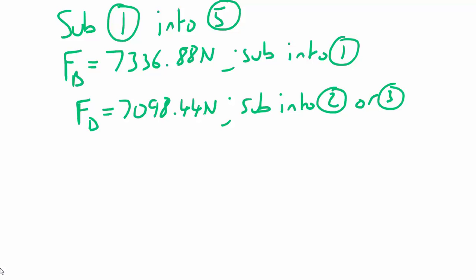I chose to do it into 2 in the notes, and that will give me FC equal to 4,567.5 newtons. And then if you want to check it, you can sub it into the other equation which you didn't use in the previous step. So if you found FC using equation 2, substitute all 3 values into equation 3, and you can check you've got the right answer.